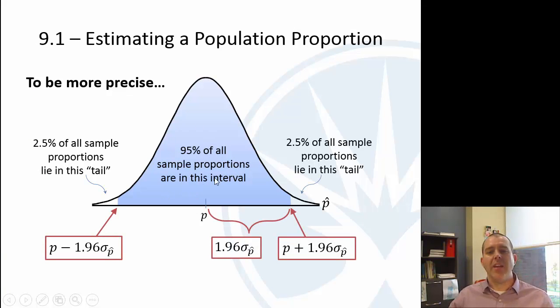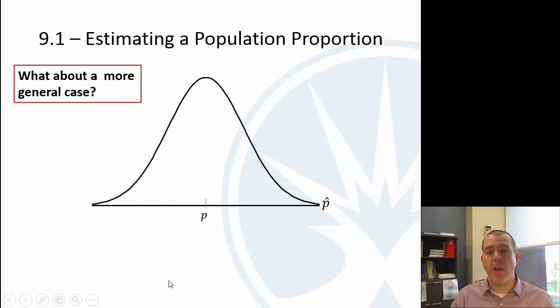So 95% of all sample proportions are within the true population proportion minus 1.96, and then the true population proportion plus 1.96 standard deviations.